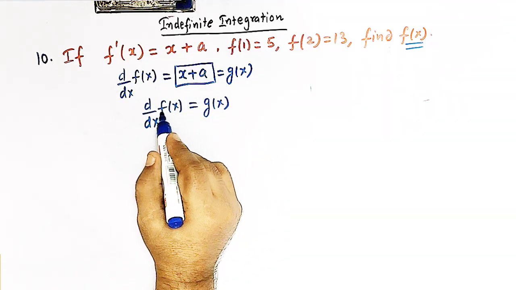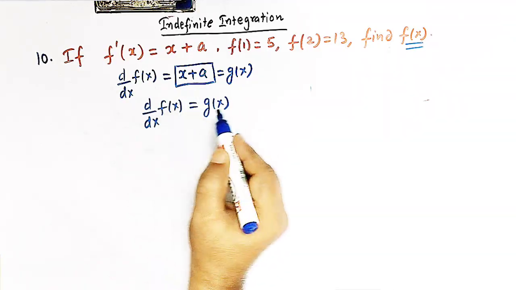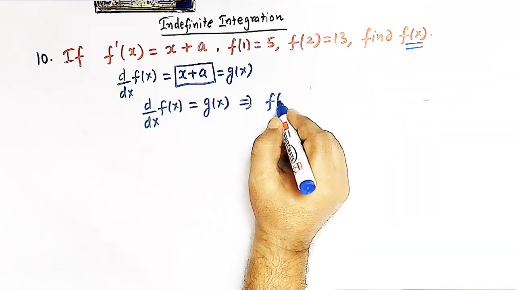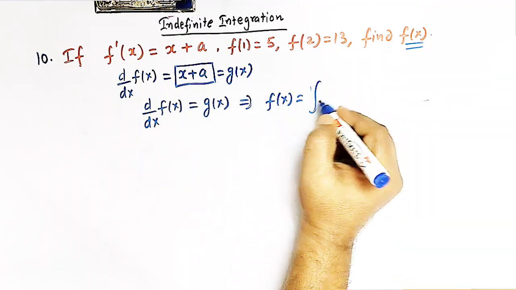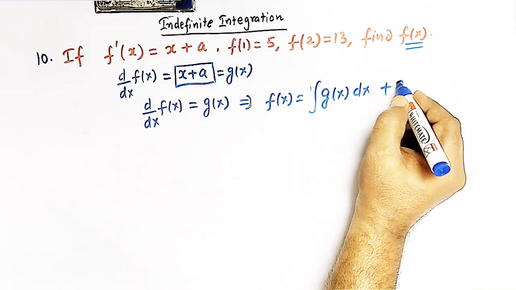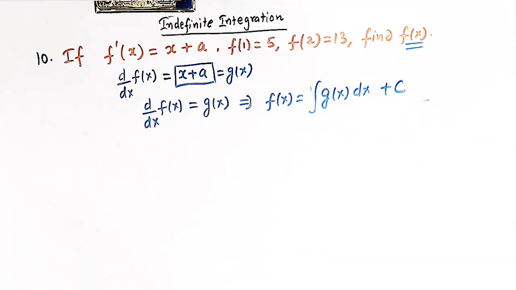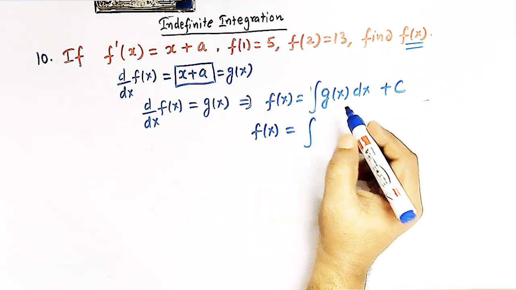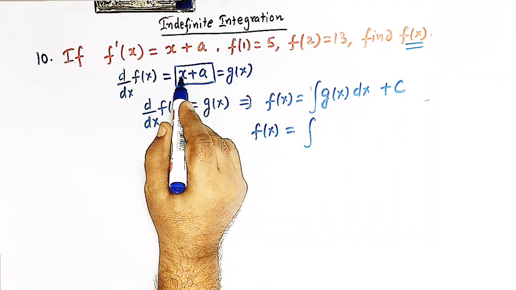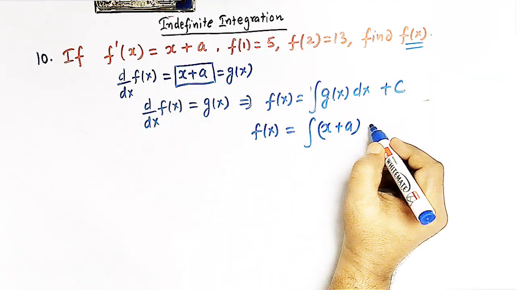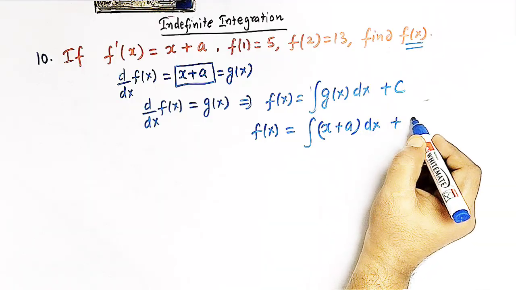When the derivative of f of x is equal to g of x, then f of x is given by the integral g of x dx plus c, where c is the constant of integration. So now we can write f of x is equal to the integral of x plus a dx plus c.